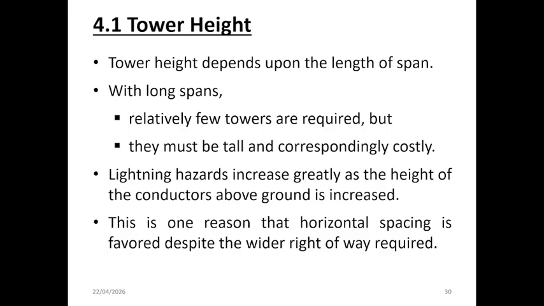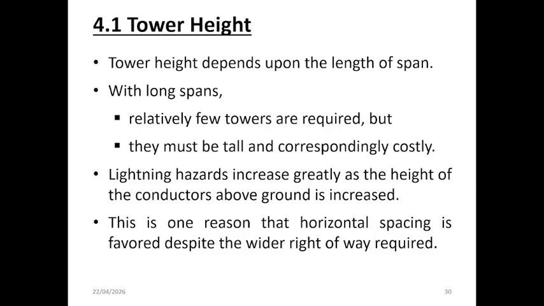Okay, this slide discusses the important design consideration of tower height in overhead transmission lines. The height of a tower is primarily influenced by the span length between two adjacent towers. When longer spans are used, fewer towers are needed, which may seem economically advantageous at first.